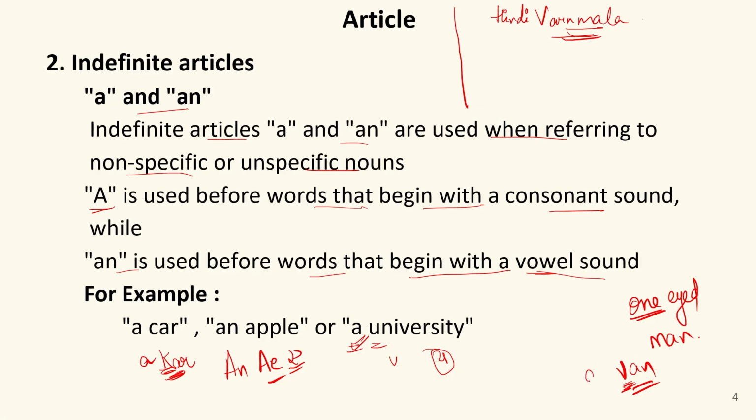Therefore, we'll write a before this one, though it begins with o, which is a vowel. Yet we'll use a, not an, before this particular word: a one-eyed man, not an one-eyed man, because its pronunciation begins with a consonant sound, or a vyanjan sound of Hindi Varnamala.